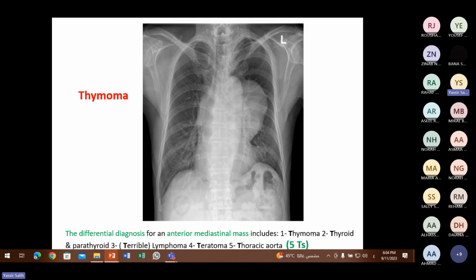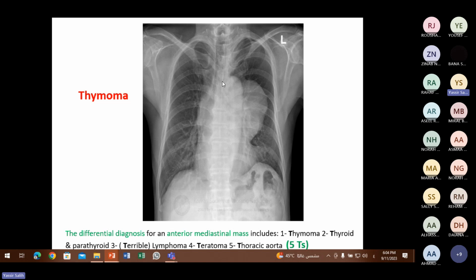The differential diagnosis of anterior mediastinal mass includes the 5 T's, all starting with the letter T: thymoma or thymic disease, thyroid and parathyroid, terrible lymphoma or lymphoma, teratoma, and thoracic aorta. You have to memorize these 5 T's, which are the differential diagnosis of anterior mediastinal mass.